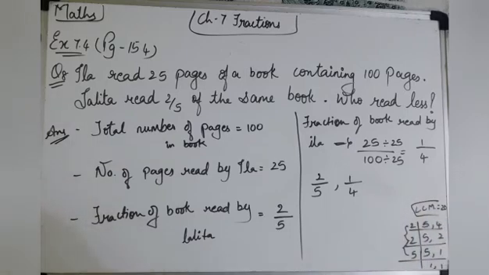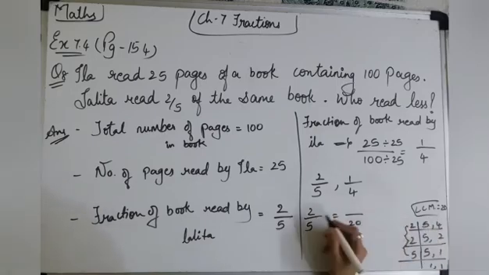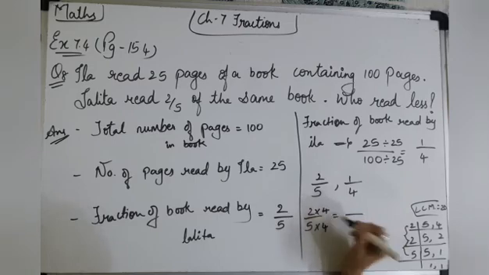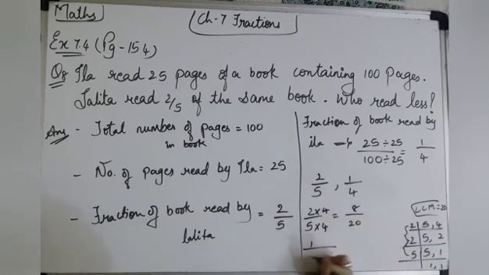Okay. So by which table I will multiply by 5? So I will get 20. I will multiply by 4, right? So I will get 20. 5 4s are 20. So in numerator also I will multiply by 4. 2 4s are 8. So 1 upon 4. Again, by which table I will multiply 4?